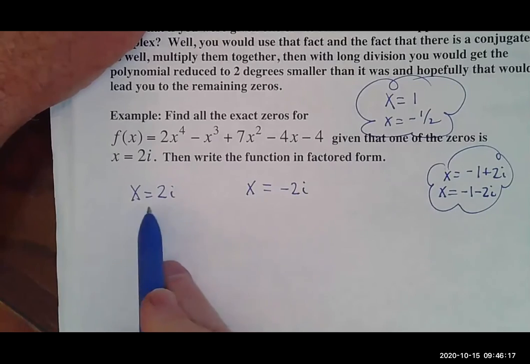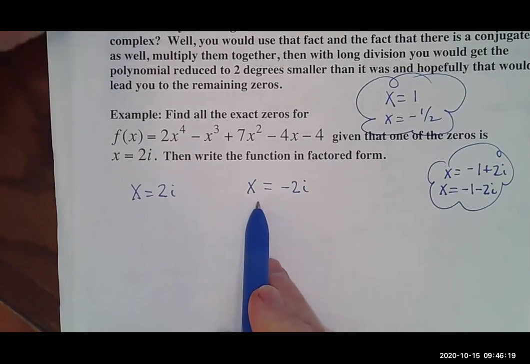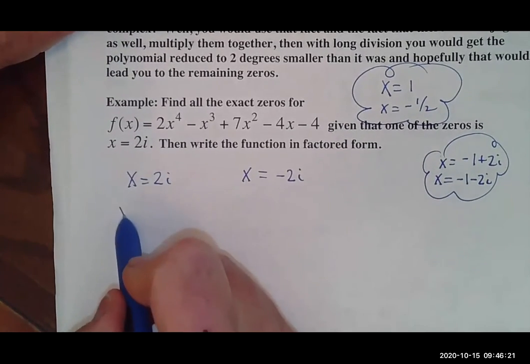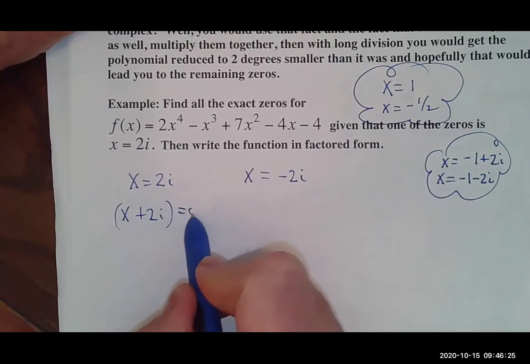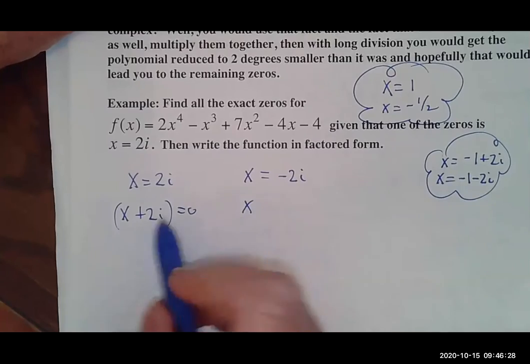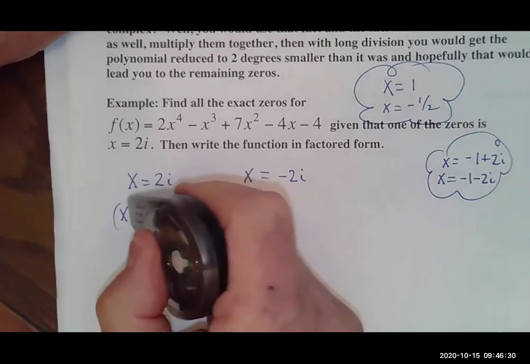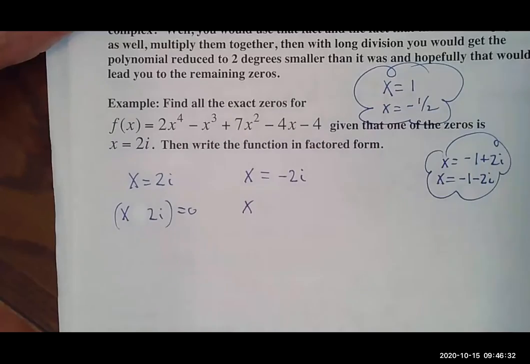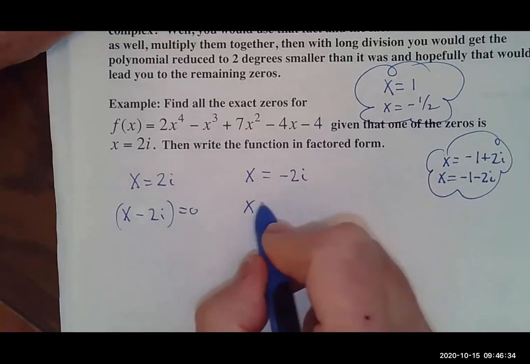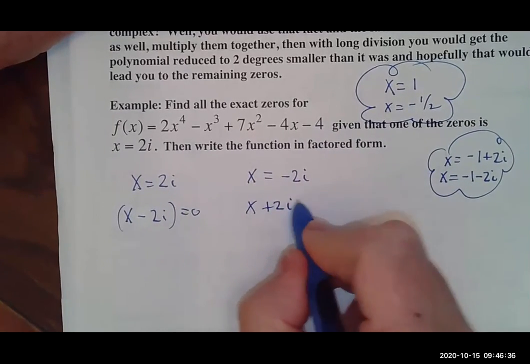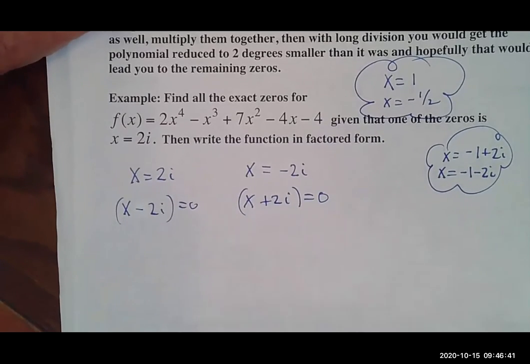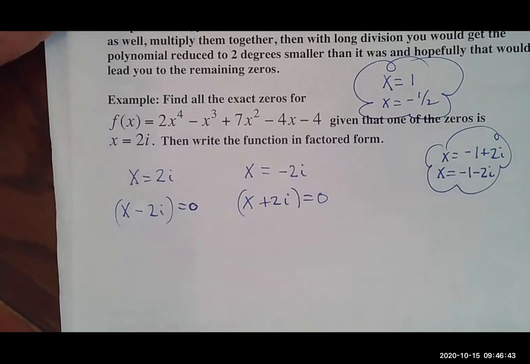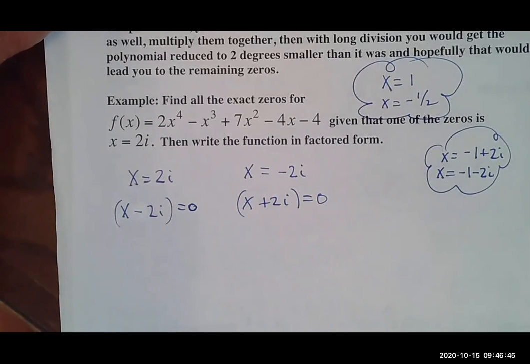Then I'm going to push these to the left-hand side, like I did our very first problem. X minus 2i, set that equal to 0. That should be minus, my mistake. This one is a plus. And since there's two answers, life will be a lot easier if you do it the method that I did the very first problem.